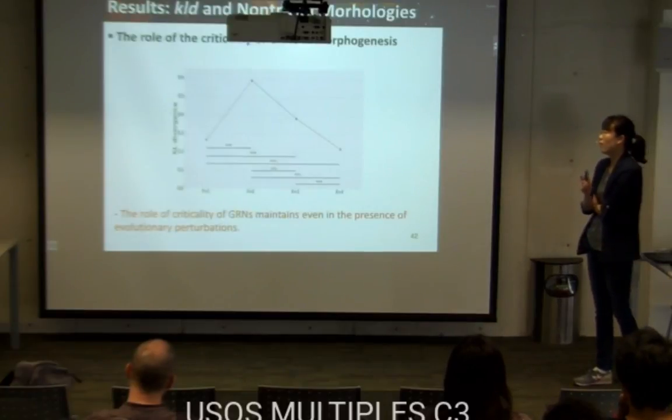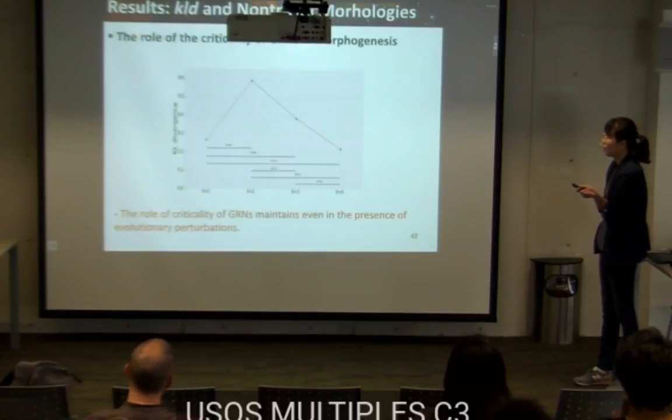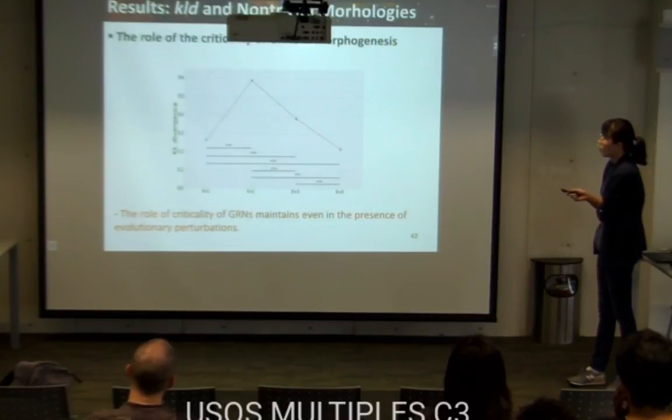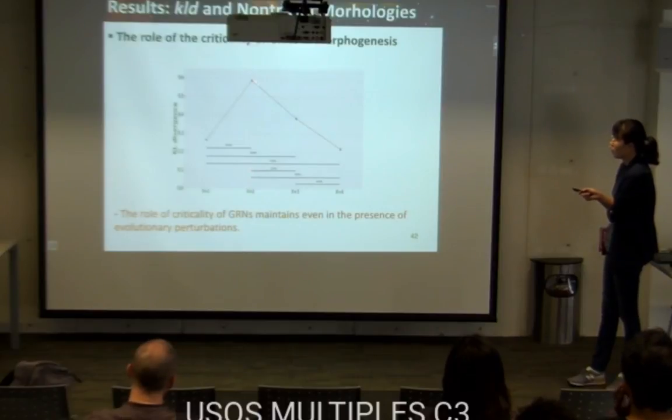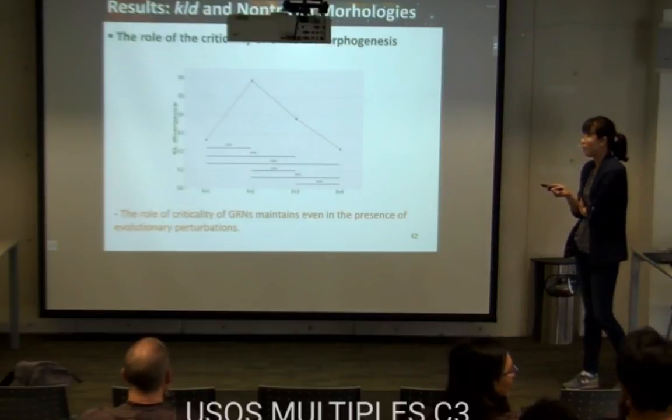From those five measures, we could find interesting results. Firstly, the Kullback-Leibler divergence was largest at K equal 2. This is the same result as the first study.